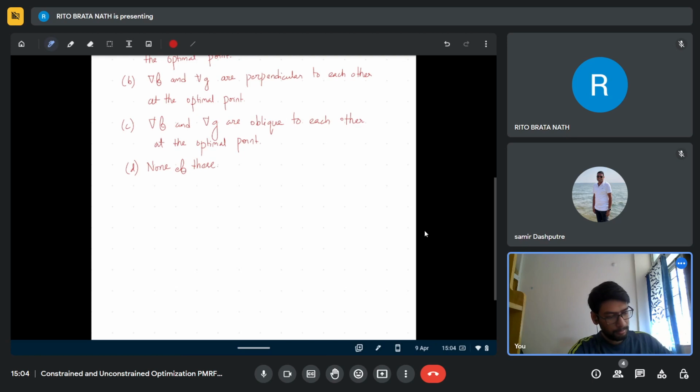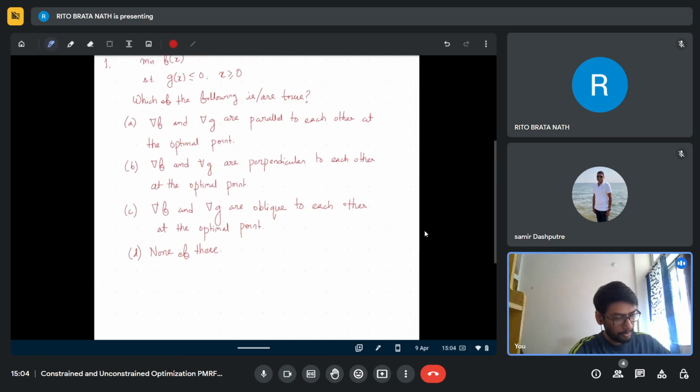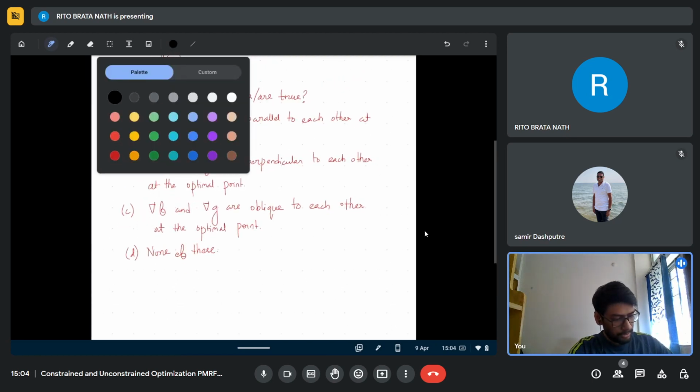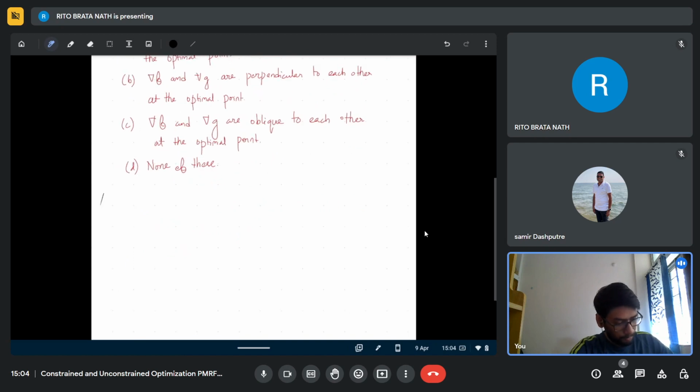So it's a single constraint problem. In this case, this is the direction of your grad of f, and suppose this is your optimal point. This should be your direction of grad of g.